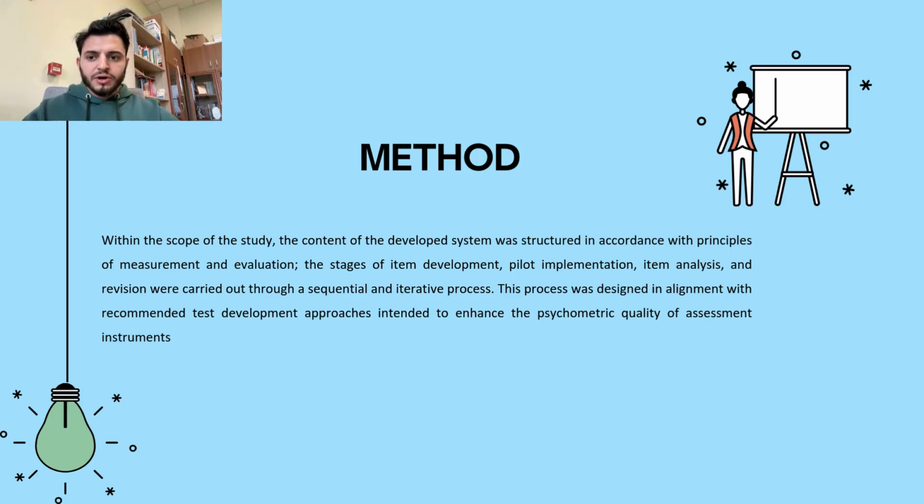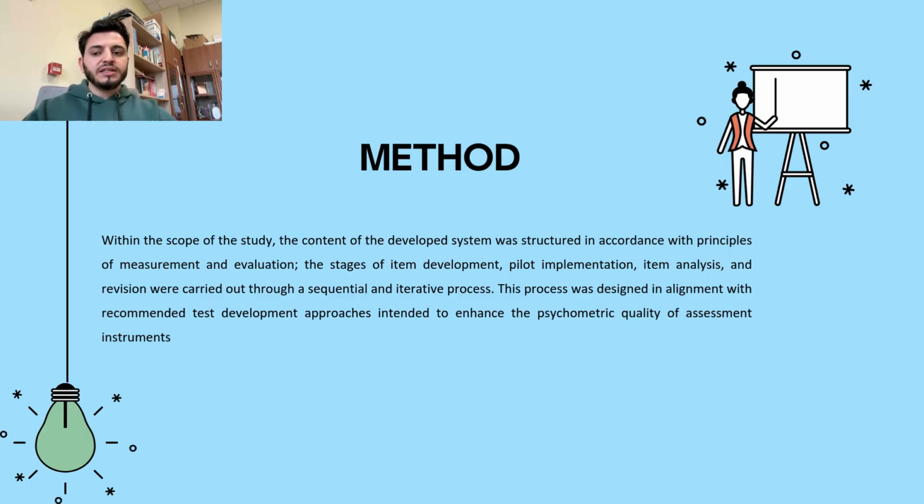Within this framework, the study included a sequential and iterative process composed of several stages. First, assessment content was prepared in line with the principles of measurement and evaluation. Then, item pools were developed for each module, and after that, pilot implementations were conducted and item analyses were performed.